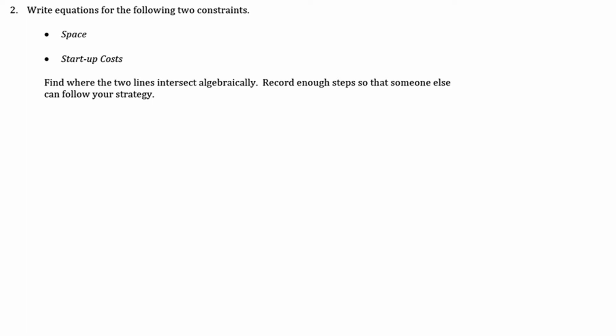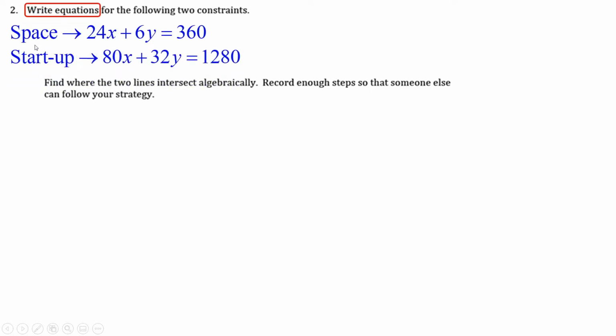Now, we have done that previously, so let's go back in our notes and find those 2 equations. And here they are right here. Space was 24x plus 6y is 360, and startup cost was 80x plus 32y equals 1,280. Remember?